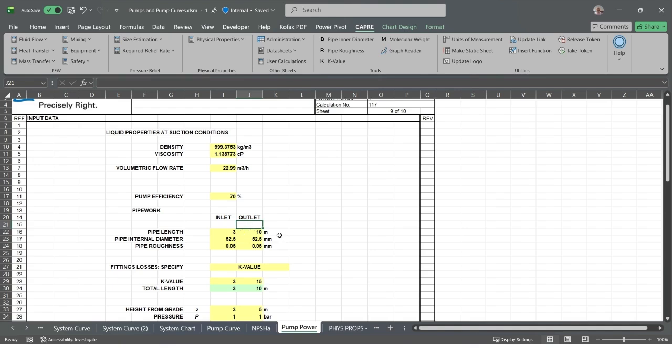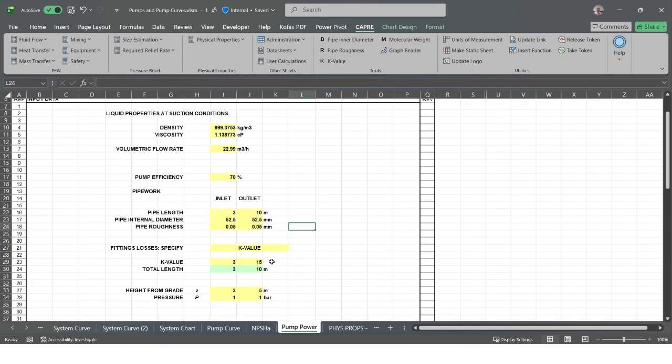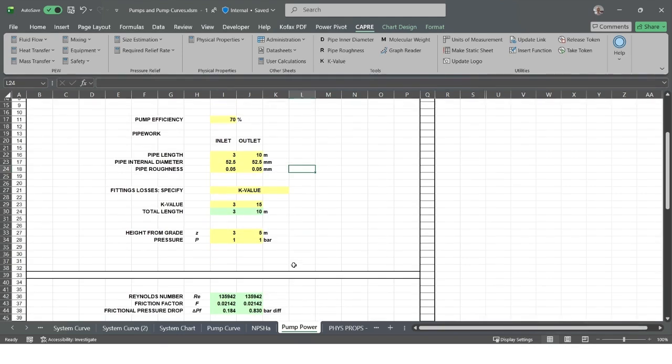Again, we've got diameters, roughnesses, got some K values in there, 3 and 15, just to be consistent with what we had before. We've now got height from grade. So that's the top of my liquid level. Is that 2 meters plus the extra meter in the suction vessel? So it's 3 meters on the suction side, 5 meters on the discharge side. So we're going up that 5 meters.